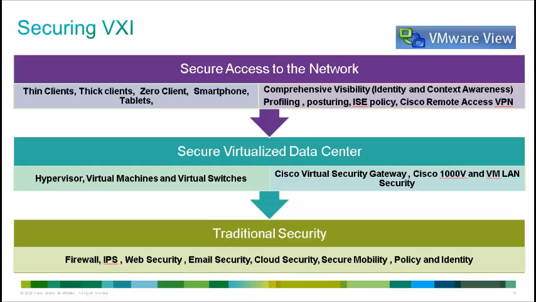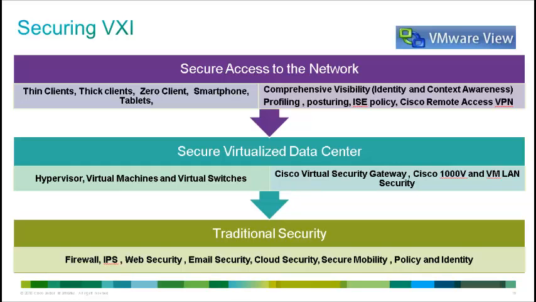The second systematic step: when they pass through the access to the network and are in the network, they try to access the data center facility. Obviously, they're getting their virtual desktop from there. So we offer a secure virtualized data center solution, which we'll cover in detail. And then eventually, once they pass through the data center and get their virtual desktop, they will be accessing websites and downloading all kinds of material.